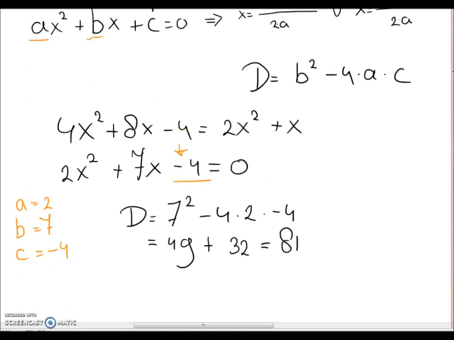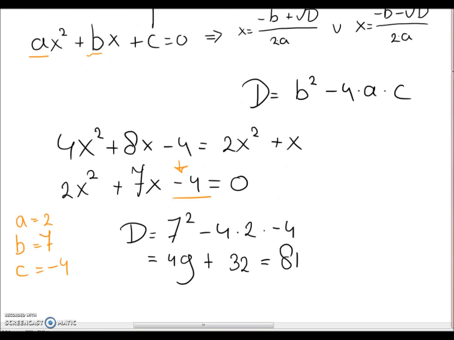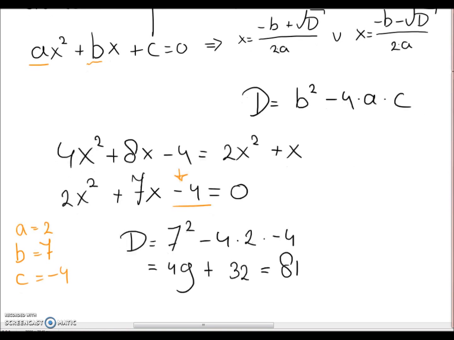So the next step is writing down the solutions. We have the discriminant, so we can write down the solutions. The solutions are x is minus b plus the square root of d divided by 2a. Now our a, b, and c are the same as before, and the discriminant d is 81.